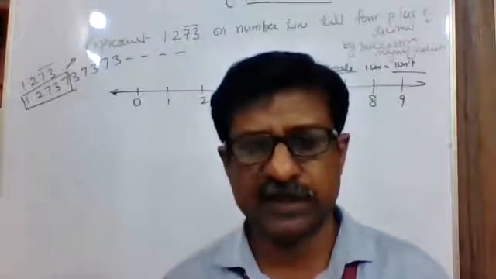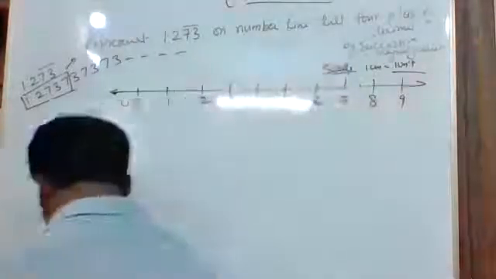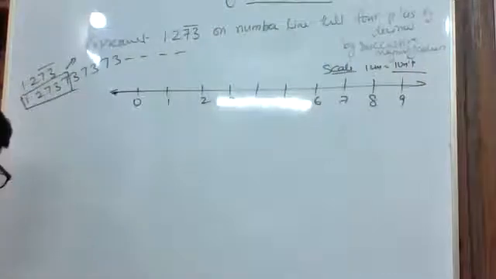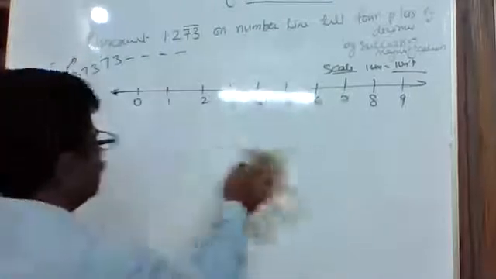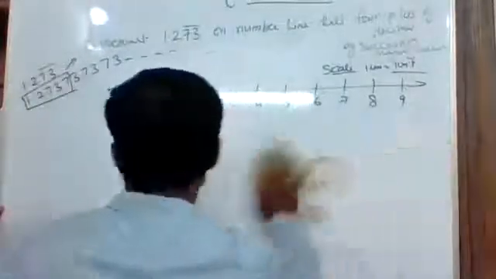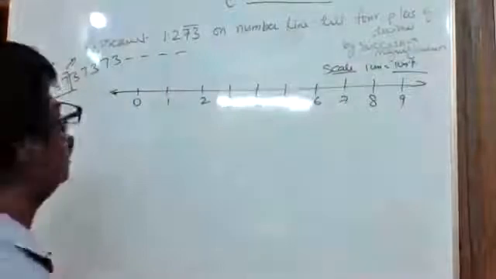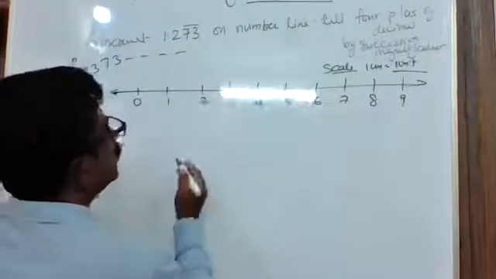Clear? Now what has to be done? We draw a number line. Drawn.